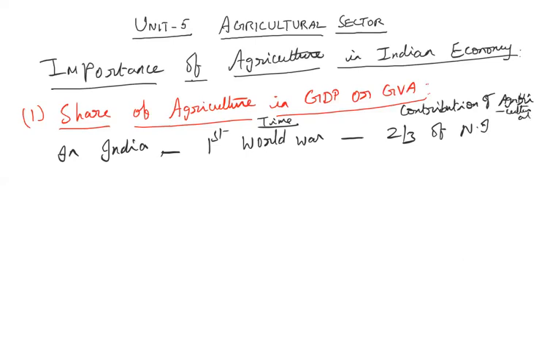So it was two-thirds of the national income during the period of the First World War. Then in 1951, it was 56.5% of GDP. Still, more than half of the GDP was contributed by the agricultural sector in 1951.